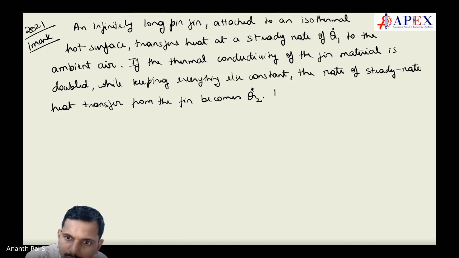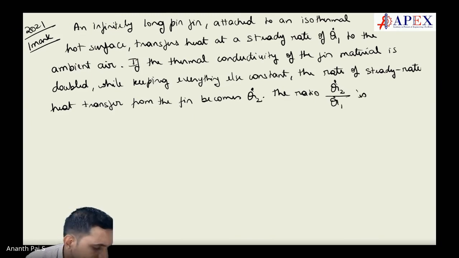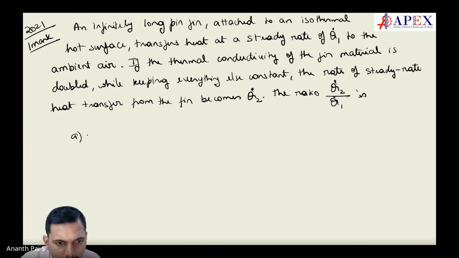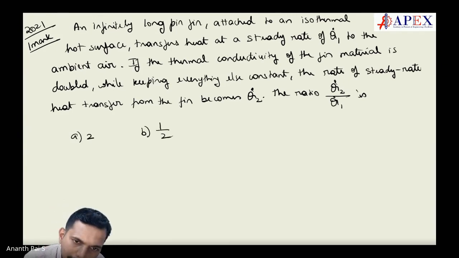The ratio Q2 dot divided by Q1 dot is: A, 1 by 2; B, 1 by root 2; C, root 2; or D, 2?